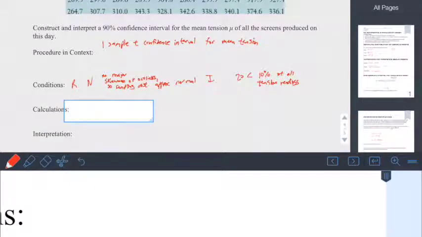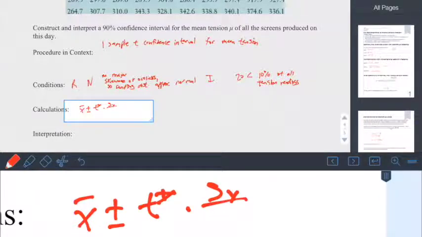Okay, now we need to do our calculations. So we need our x bar plus or minus our t star for 90 times s of x over square root of 20. Now, I can look all that stuff up with one variable stats.